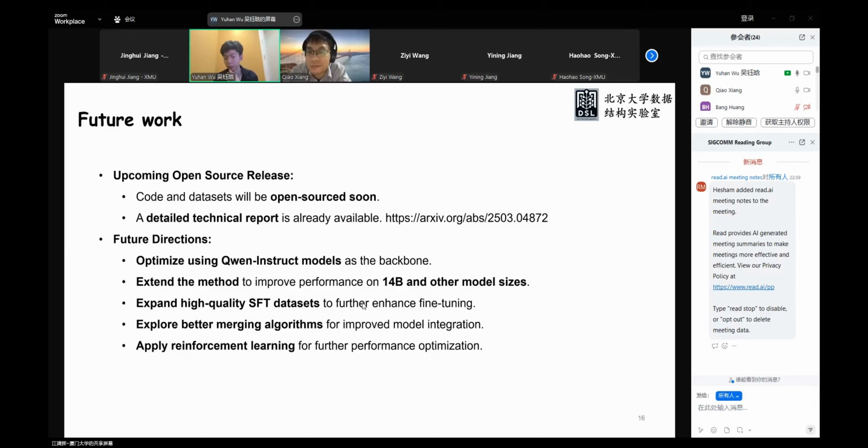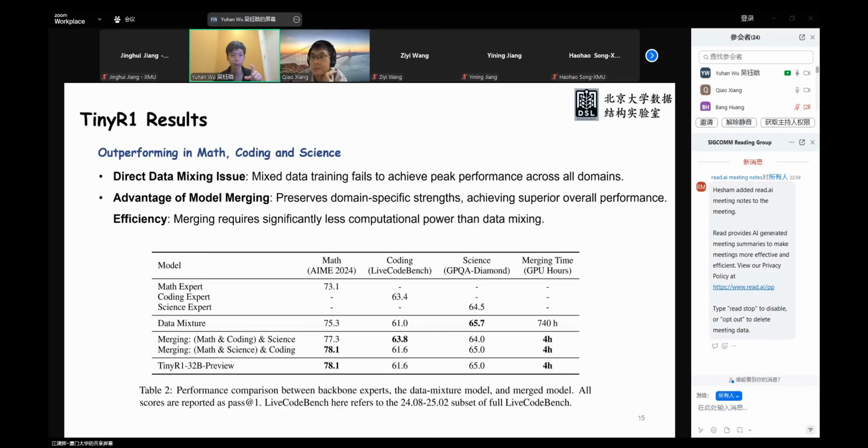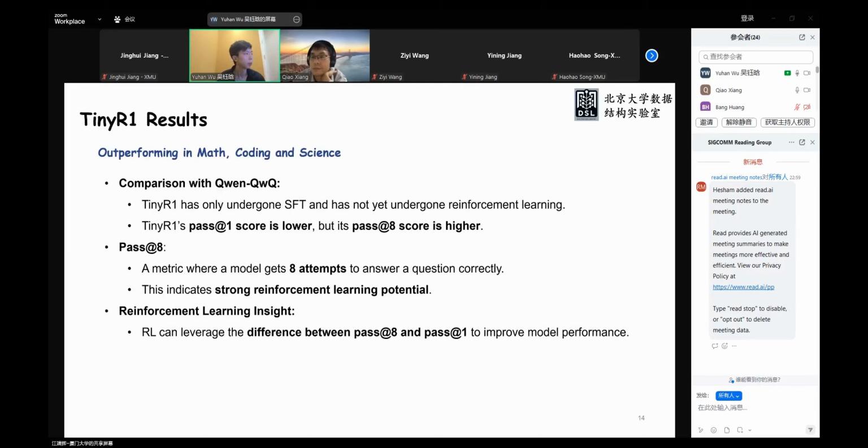I think it depends on the number of parameters. If it's a 32 billion size model, I think that's almost the same cost. But the improvement space, I think personally, depends on the difference between the pass 8 score and the pass 1 score I mentioned here.